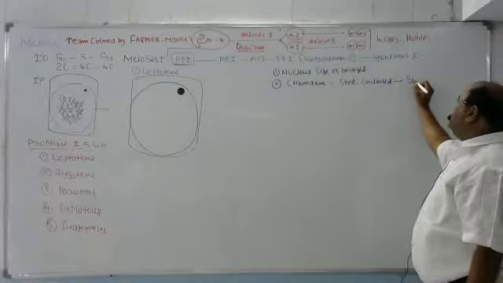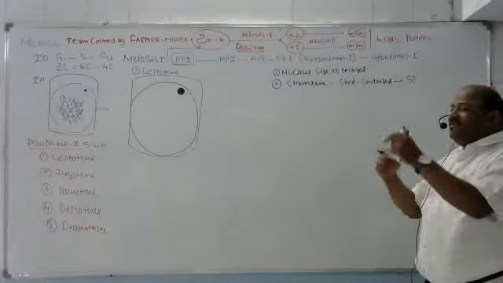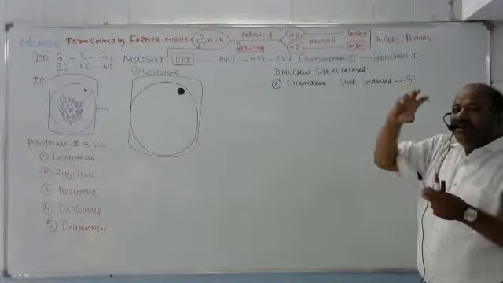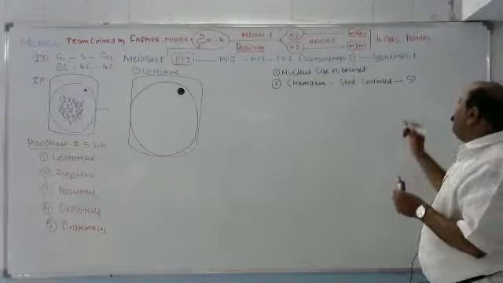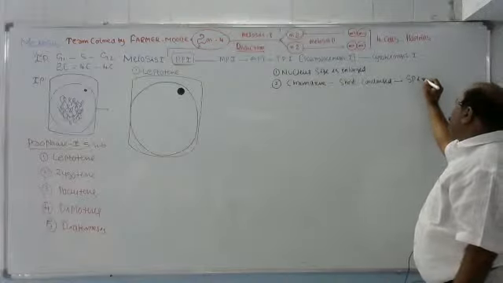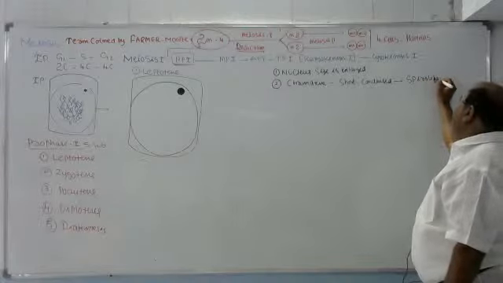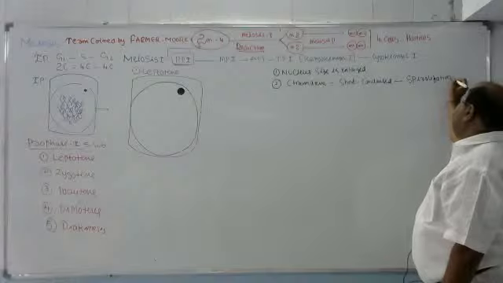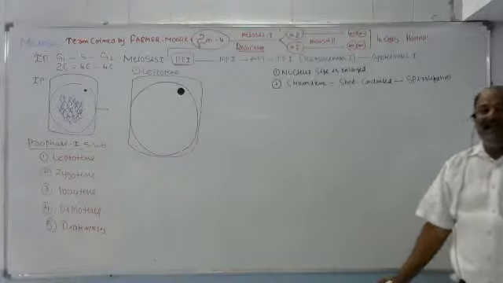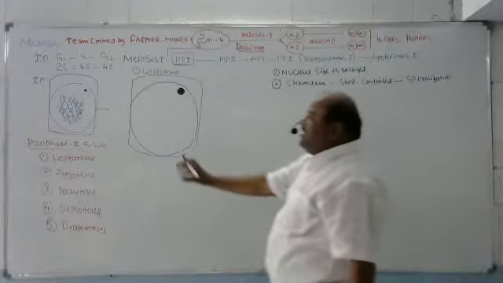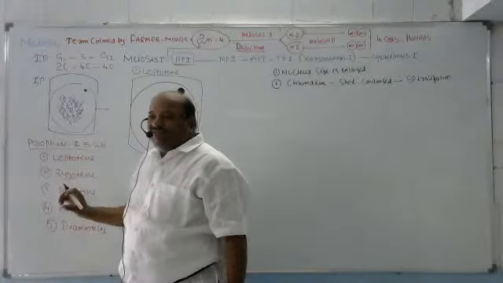Now, the process where the chromatin becomes a short and condensed formation is called spiralization. Spiralization. So here some amount of chromatin is there.